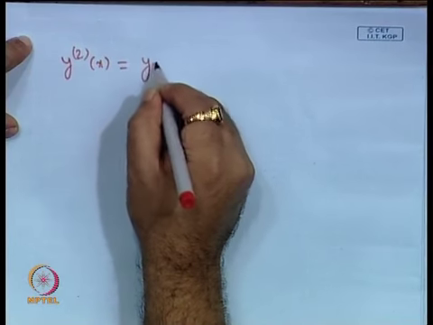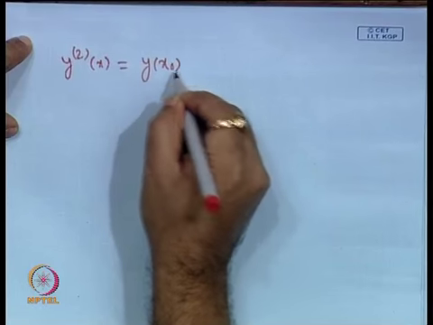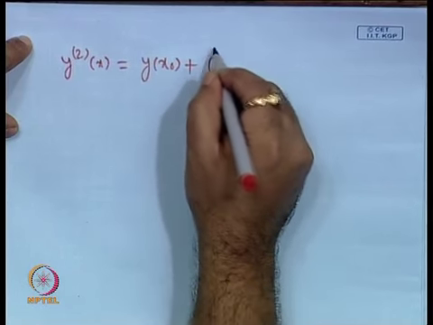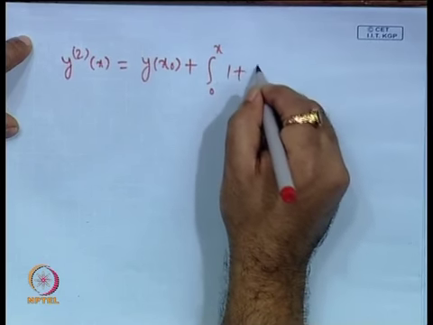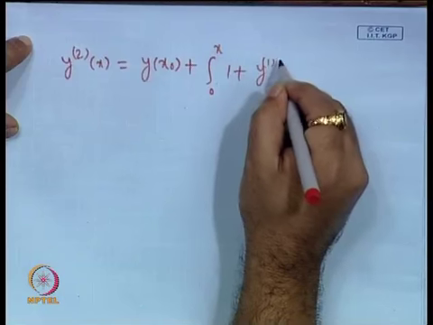So, y 2 x is y of x 0 plus the integral from 0 to x of 1 plus y 1.